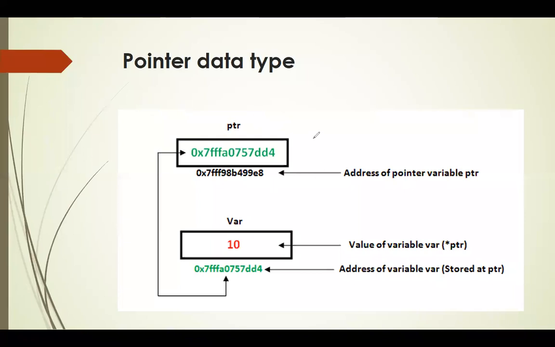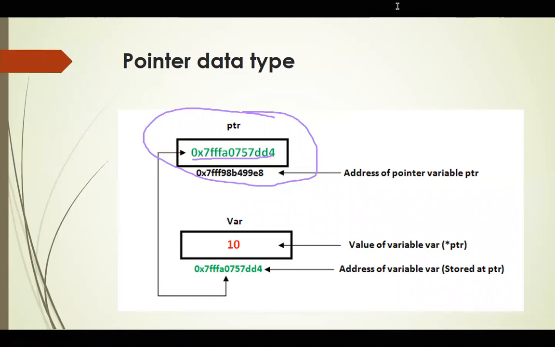So this actually is the pointer variable. Notice what the pointer variable is holding. The pointer variable is actually holding the address, the memory location. And when we go to that memory location, following this arrow, you would see that that memory location is actually pointing to a variable.